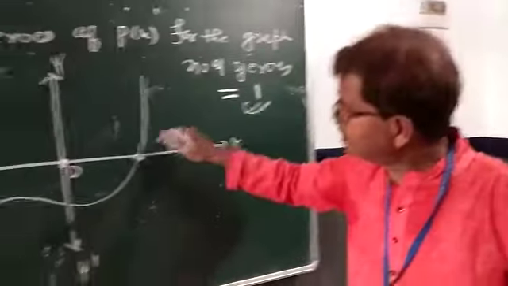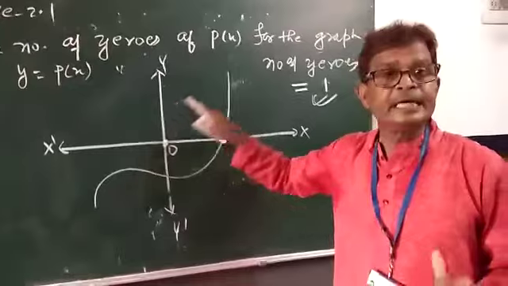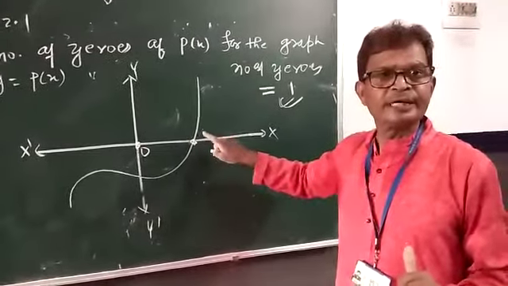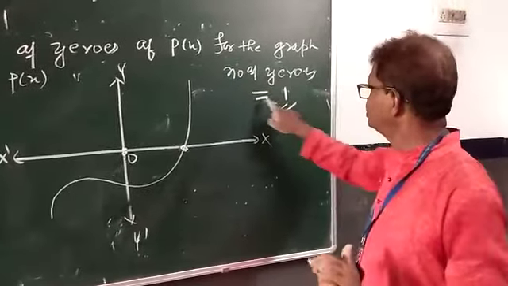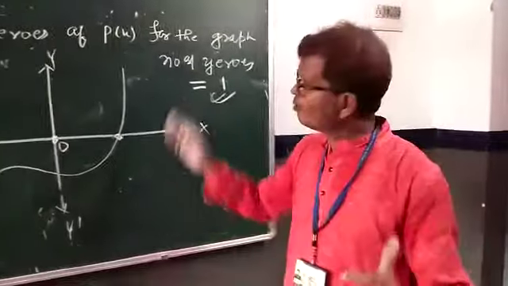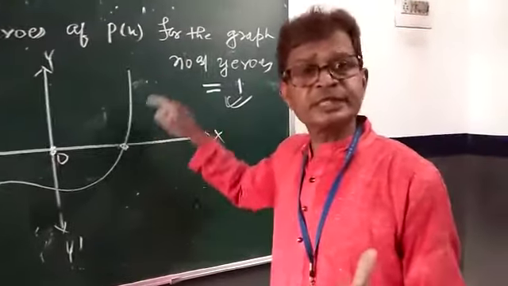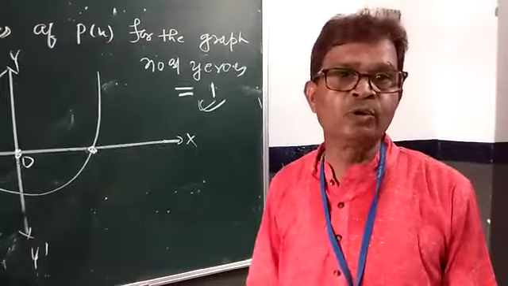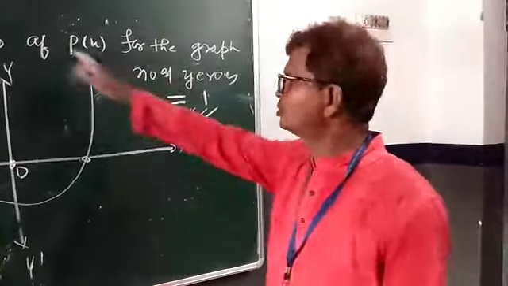As I told you earlier, the number of times the graph intersects the x-axis will be the number of zeros of p(x).